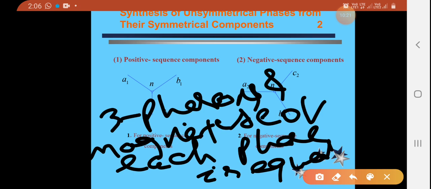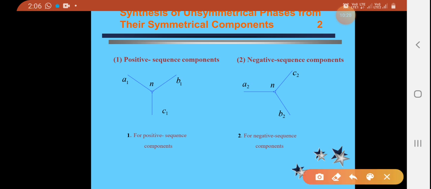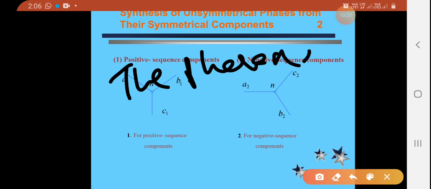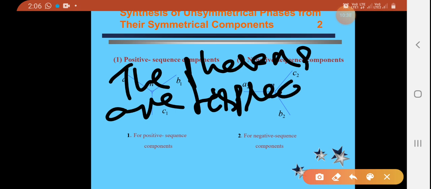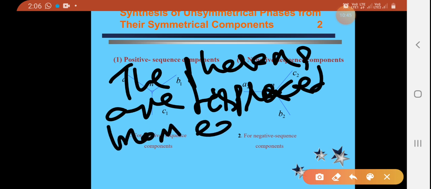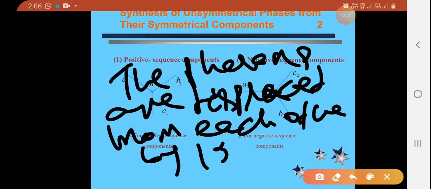And the phasors are displaced from each other by 120 degrees in phase.